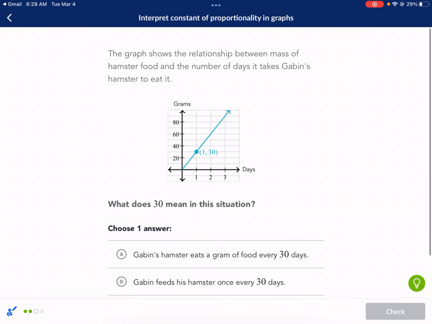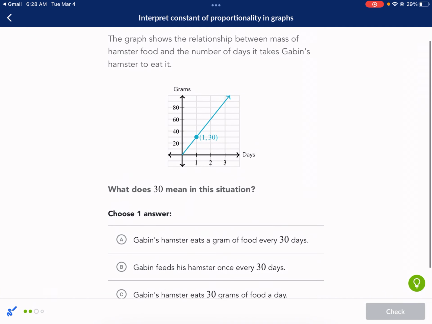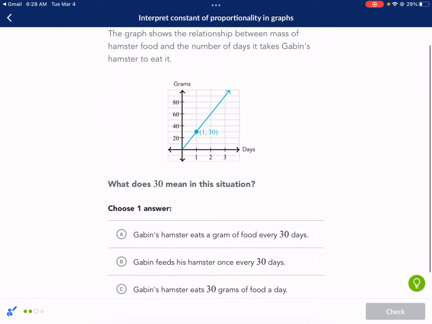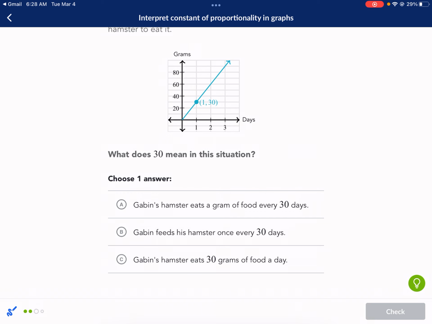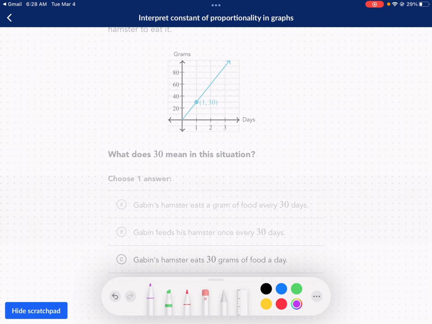All right. The graph shows the relationship between the mass of hamster food and the number of days it takes Gabon's hamster to eat it. What does 30 mean in this situation? So let's interpret this. We always need to refer to the axes here.